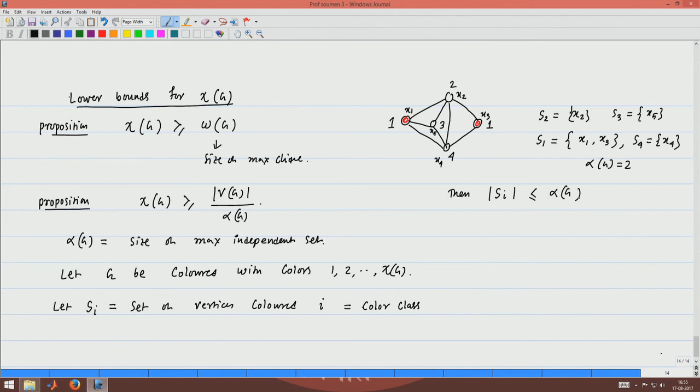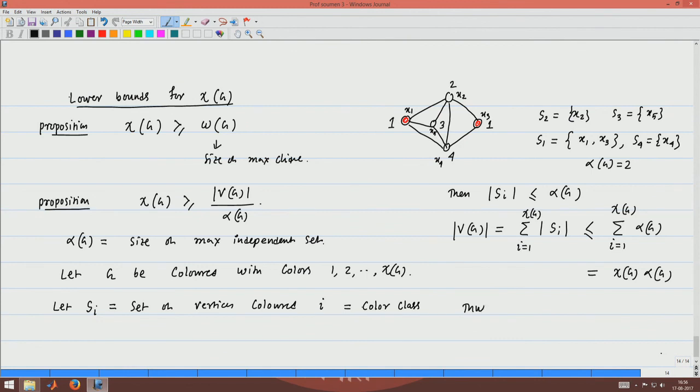So, every color class is less than or equal to alpha G, and V(G), the cardinality of all the vertices or the number of vertices, is equal to, an easy observation, the sum of the sizes of the color classes, with i from 1 to chi G. And then I am replacing the cardinality of Si by its upper bound alpha G. So, this is equal to chi G times alpha G.